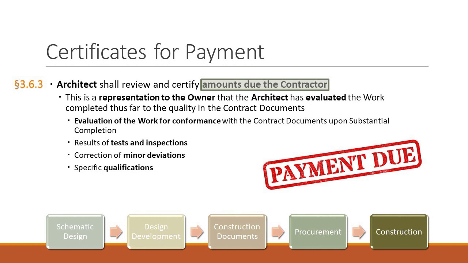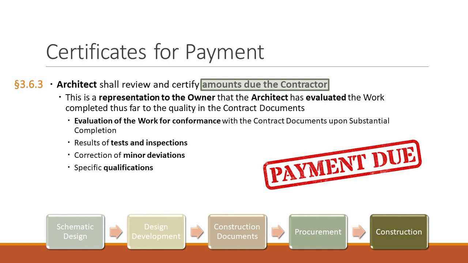The foregoing representations are subject to an evaluation of the work for conformance with the contract documents upon substantial completion, to results of subsequent tests and inspections, correction of minor deviations from the contract documents prior to completion, and specific qualifications expressed by the architect.